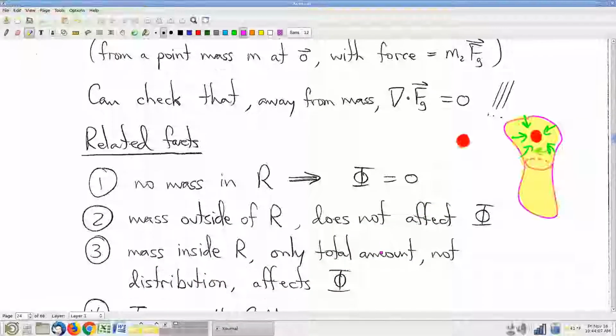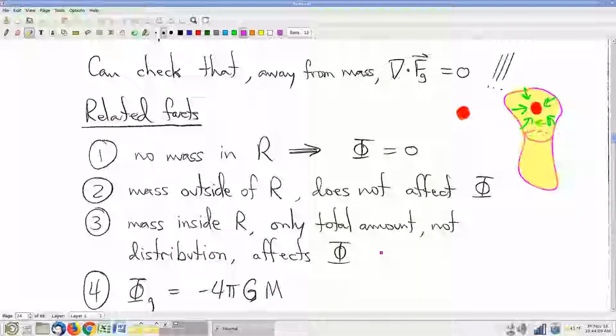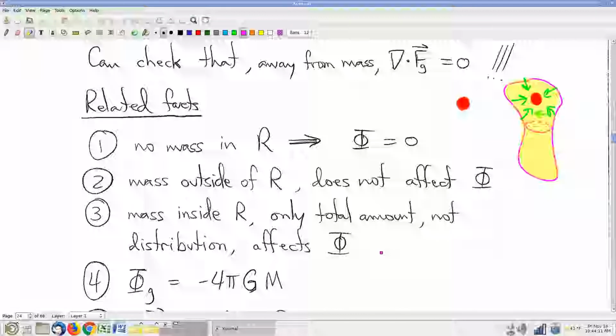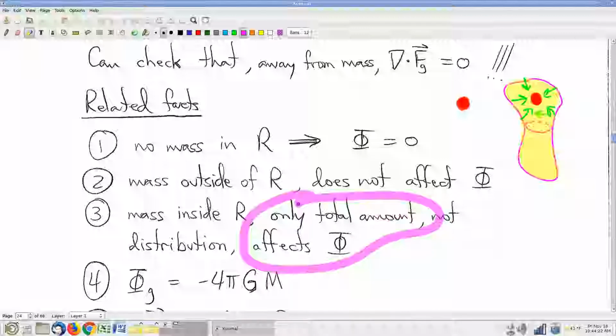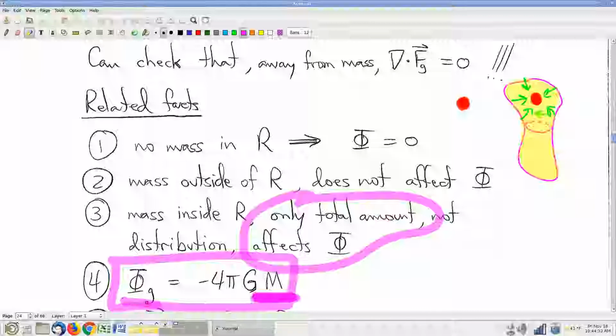Okay, so another true fact, if you keep tugging on these threads and keep making arguments, drawing these kinds of pictures: not only can you tell that only the amount of mass inside the surface affects the flux, you can actually write down an explicit formula for how exactly the total amount of mass affects the flux.